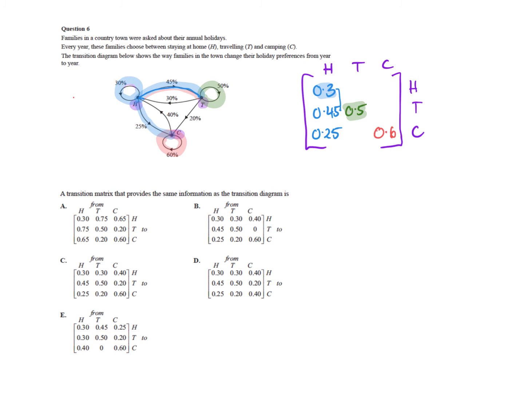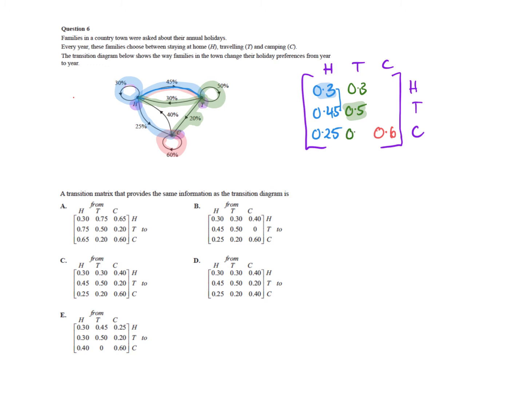Okay, so let's go do T. From T to H is 30%. Adding those two up, I'm at 0.8. So I want to see from T going to C to be 0.2. So T going to C, and it is. So I'm happy with that.